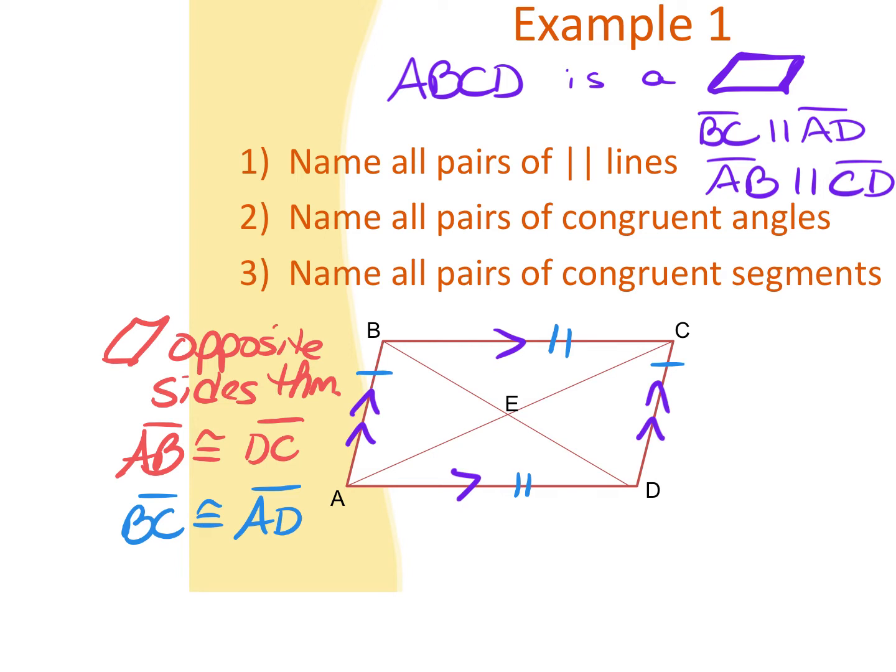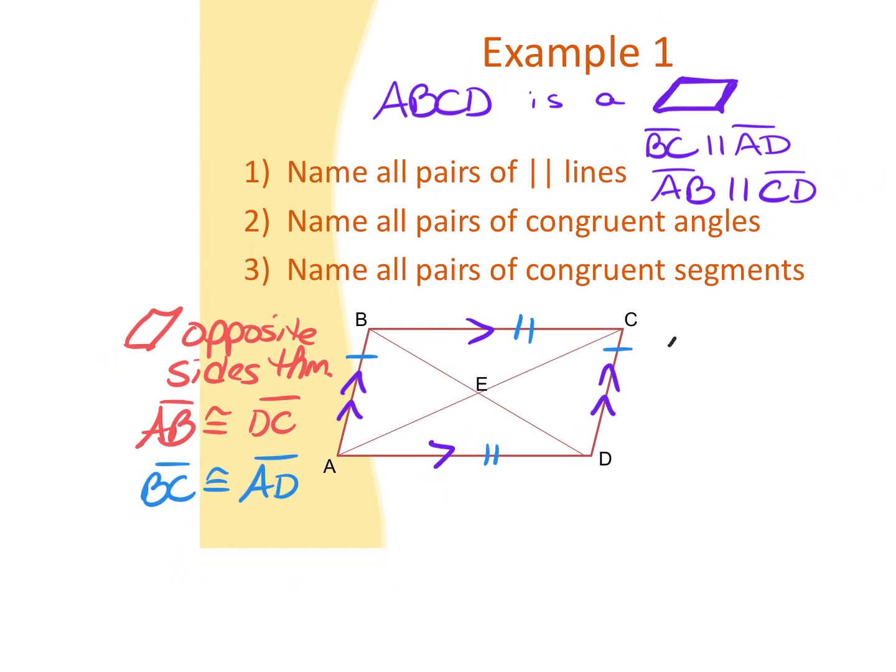Now the other pair of congruent segments here, I'm going to be using my parallelogram diagonals theorem. And remember, that one stated that the diagonals bisect each other. So that tells me that BE is going to be congruent to ED.